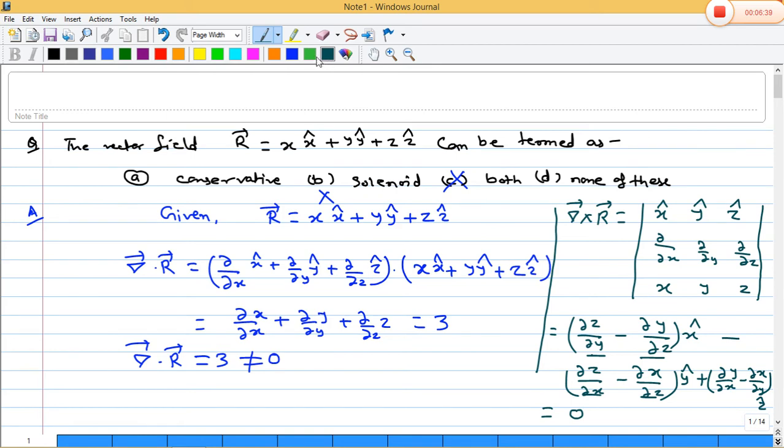So we can say this R field is what? Conservative. So the R vector is conservative in nature. So the conservative option is correct. This one is wrong.